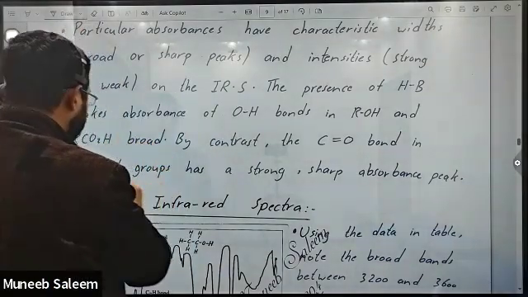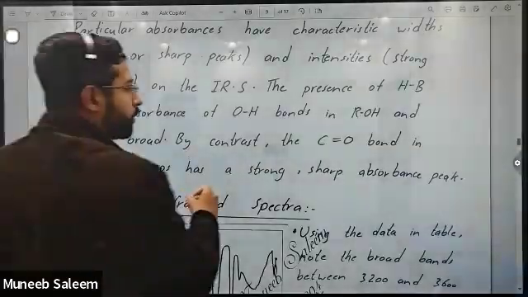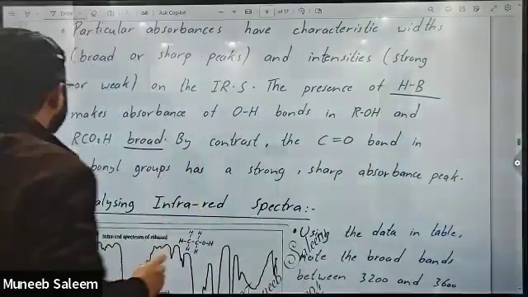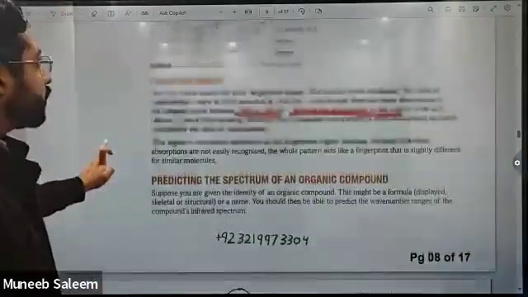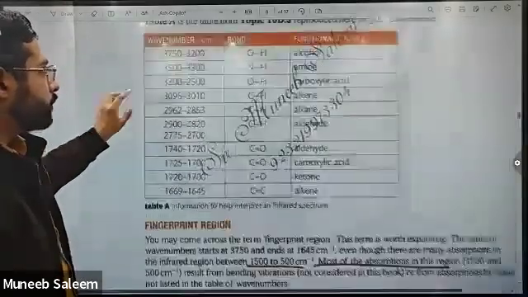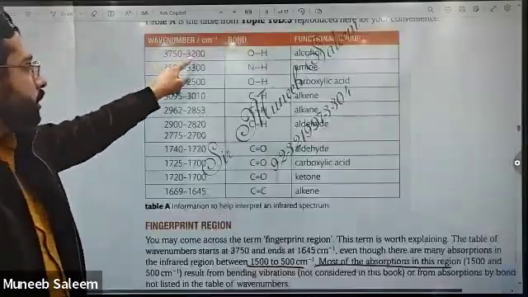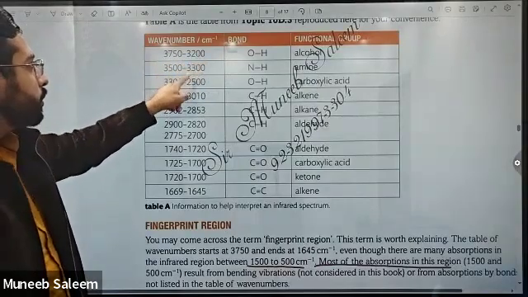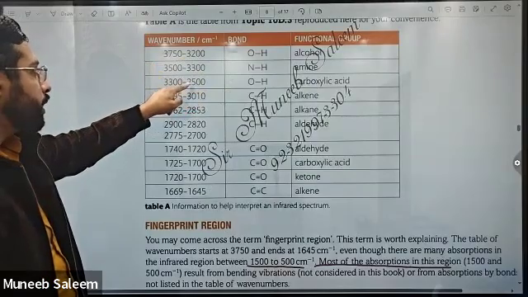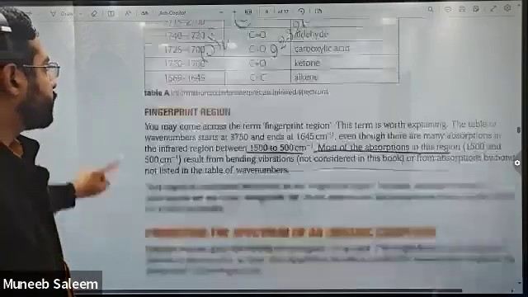This is because of the presence of hydrogen bonds in the molecule, so a broad range will be present in that case. The OH range is 3200 to 3750 in the case of alcohols, and for carboxylic acid it is 2500 to 3300.